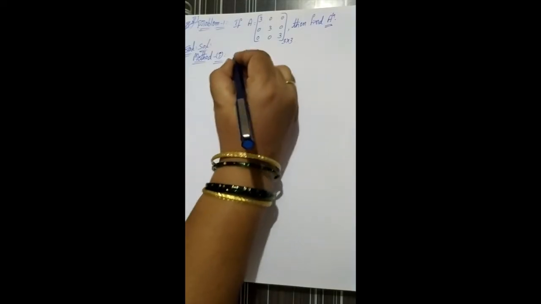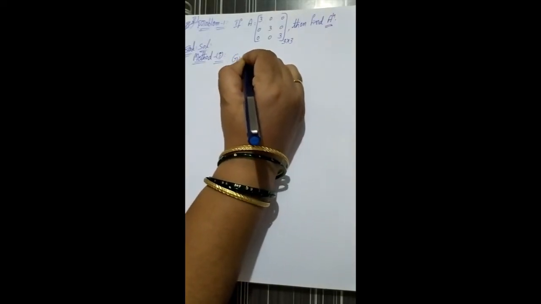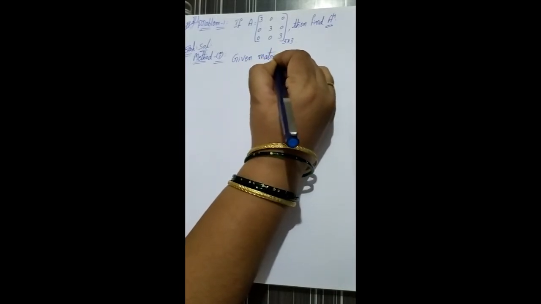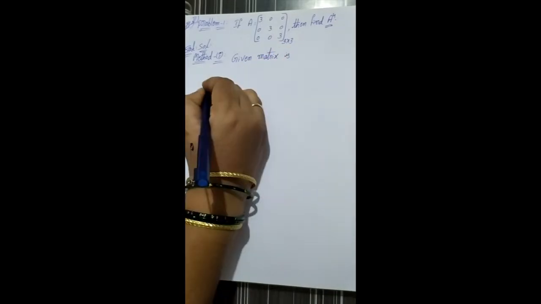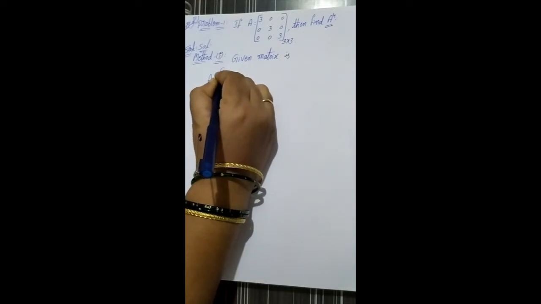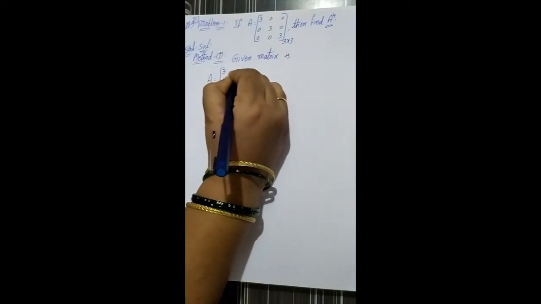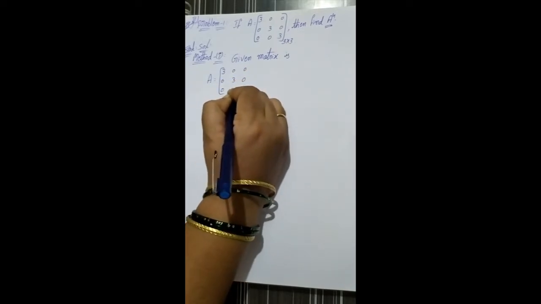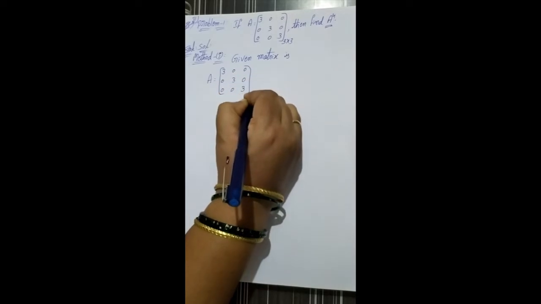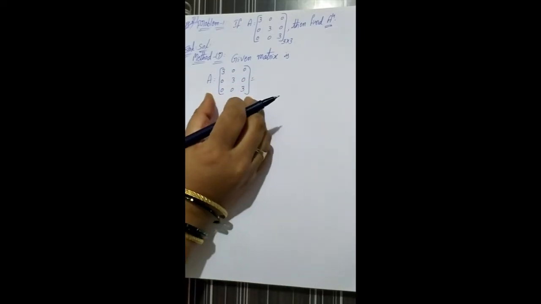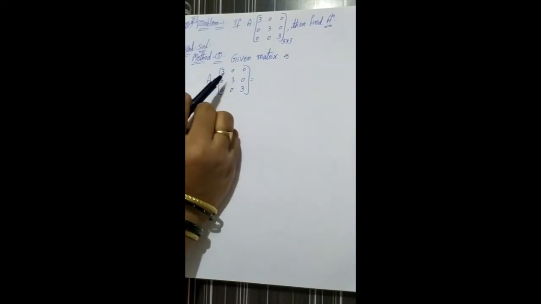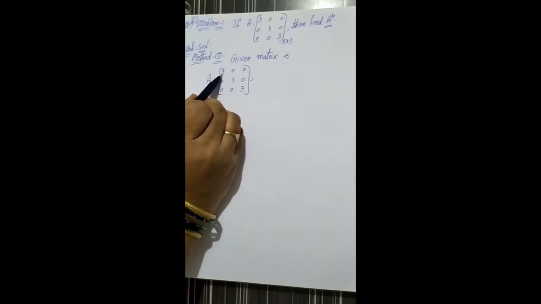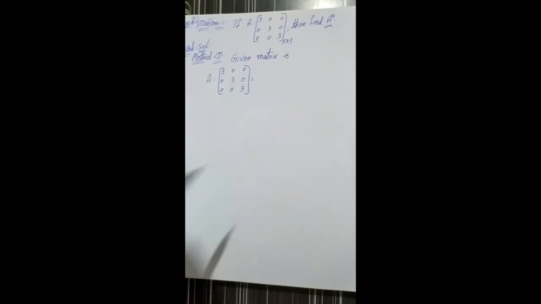Solution. First write down the given matrix: capital A equal to 3 0 0, 0 3 0, 0 0 3. We take 3 as common, because 3 into 1, 3 into 0, 3 into 0.